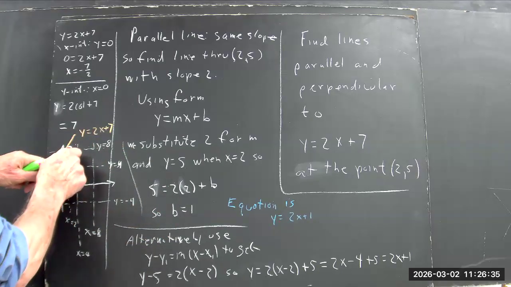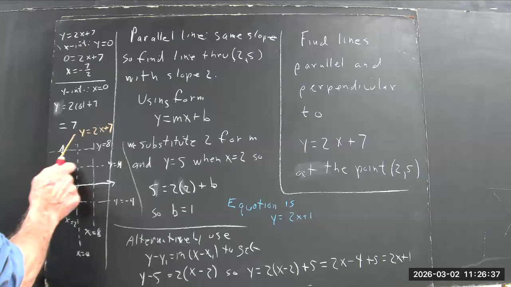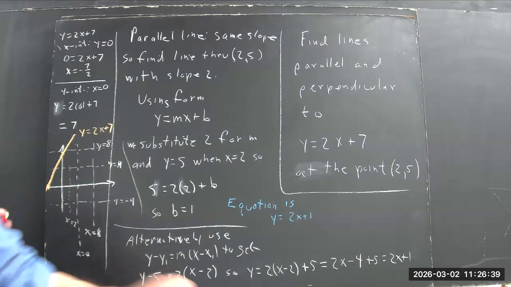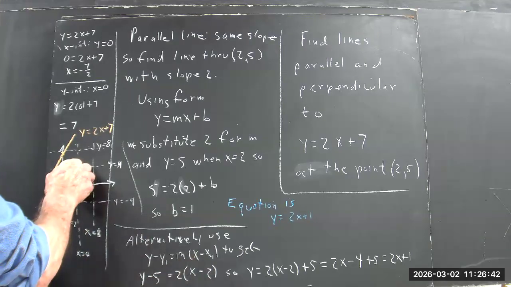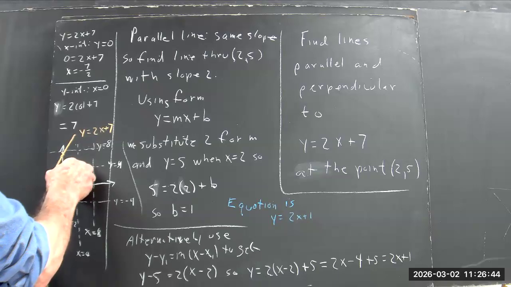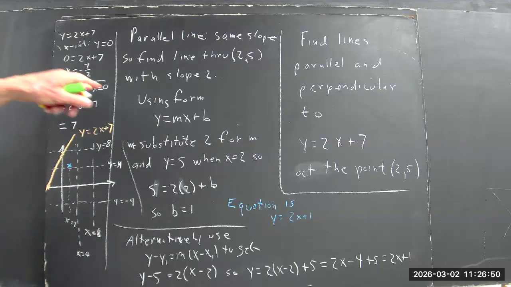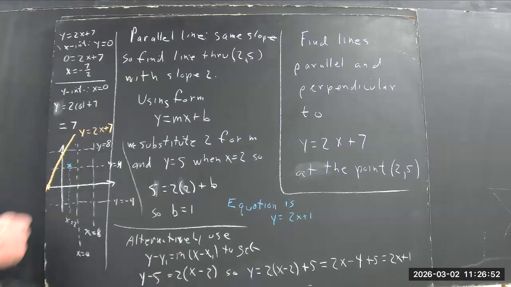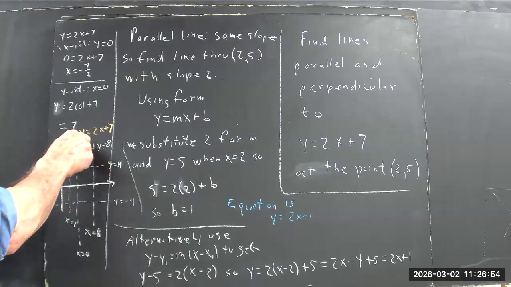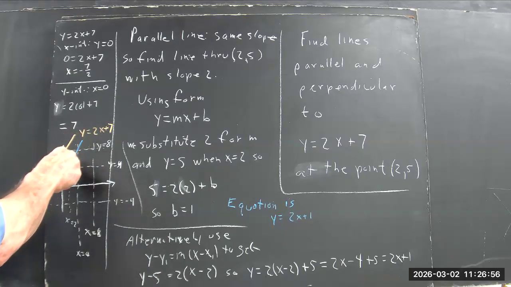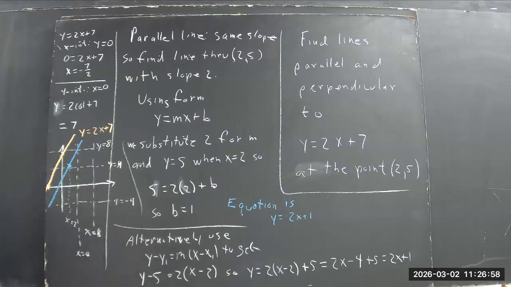Well, 5 is between 4 and 8, and twice as close to 4 as it is to 8, so I'm going to say that that point is probably right here. There's the point (2,5). And we want a line parallel to the original line, so it's going to have the same slope. So I just eyeball parallel, and it looks something like this.